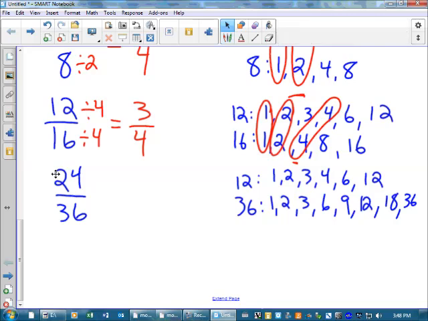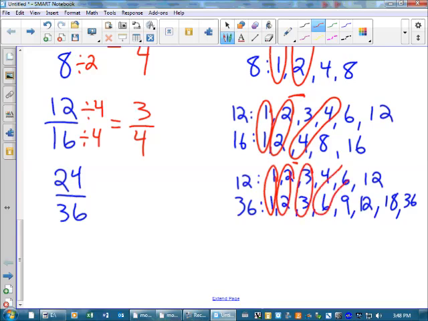Holy smokes, there's lots. Okay, so our common factors. What's common between them? 1, 2, 3, 6, and 12. What's my greatest common factor? Boom, 12. So we're going to divide by 12. And that will give you 2/3.